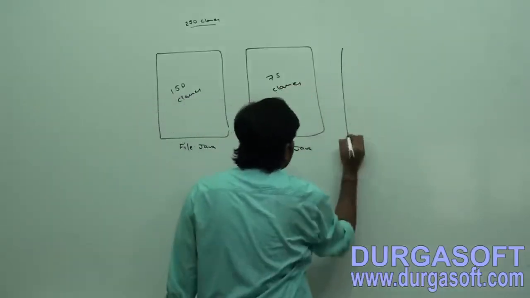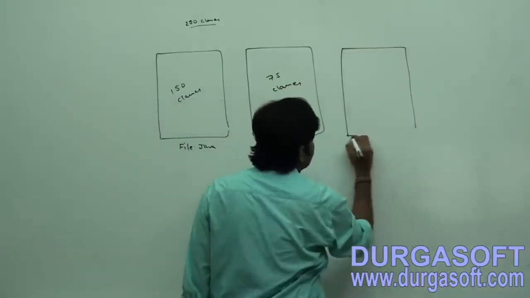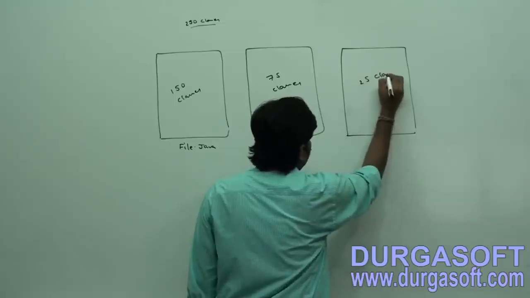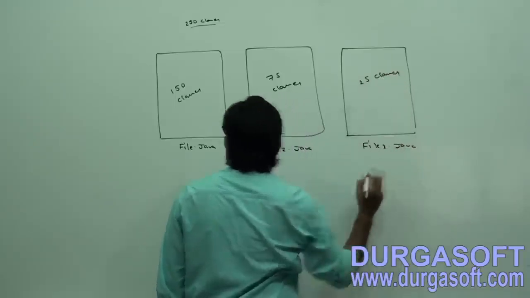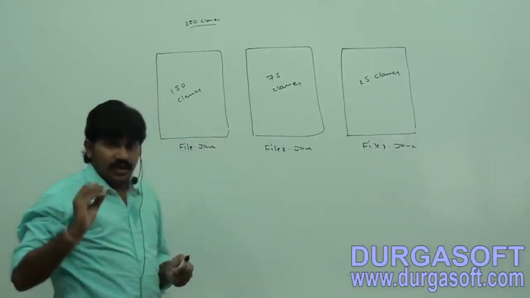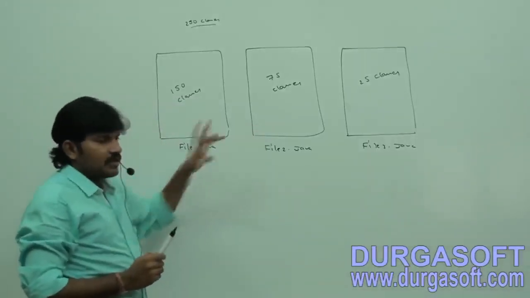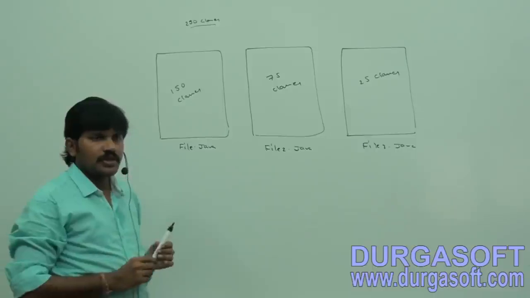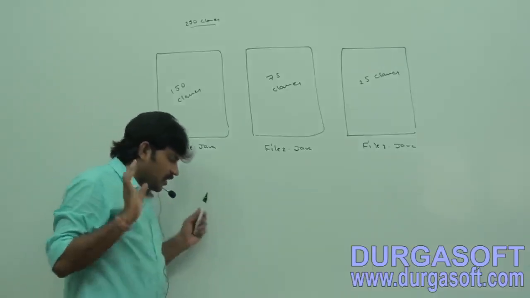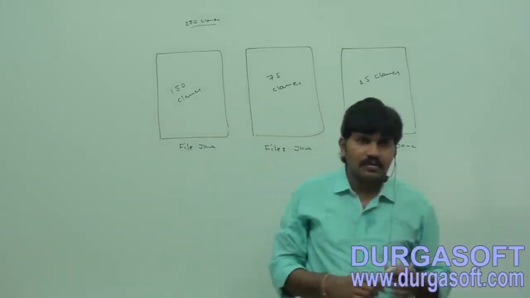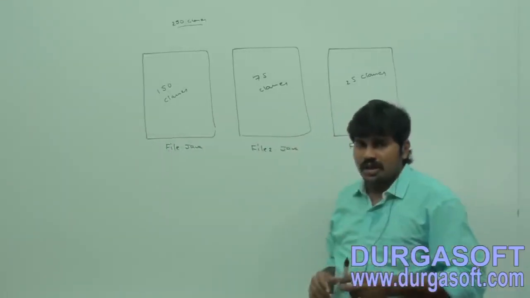File3.java contains 25 classes. So a total of 250 classes we spread across the 3 source files. Now my question is, can you tell, is it a recommended approach or not?